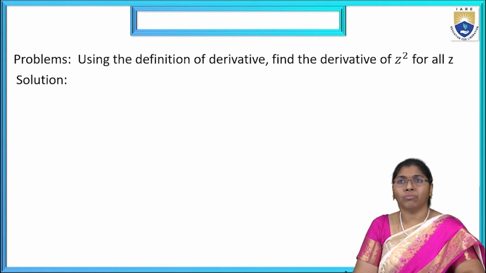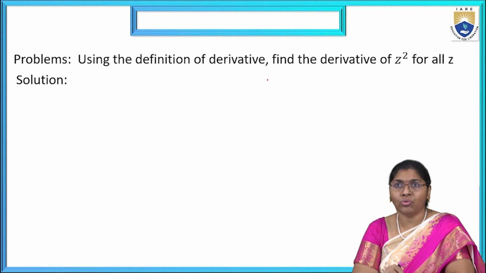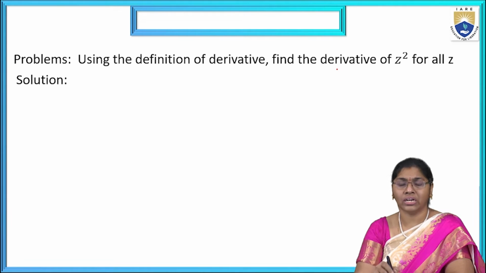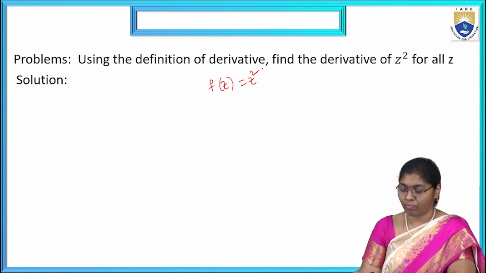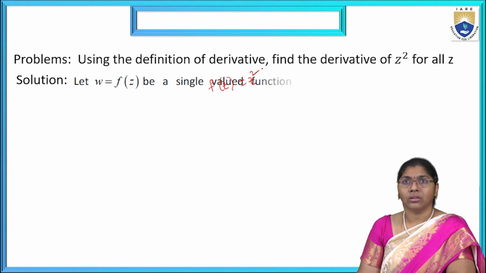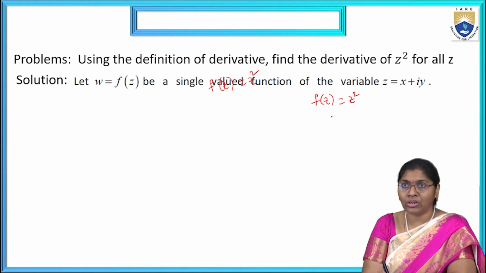Now the first problem, using the definition of the derivative. Find the derivative of f of z equal to z square for all z. That means here f of z equal to z square. Already we know z equal to x plus iy.